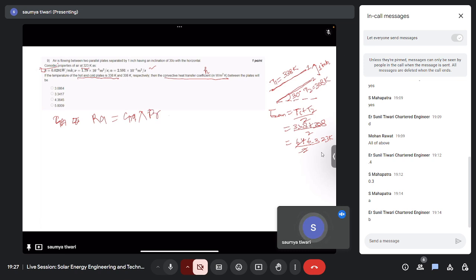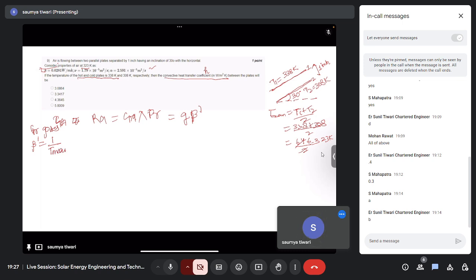The formula is g beta dash, where beta dash is the coefficient of thermal expansion. For gases, and here air is there, this coefficient of thermal expansion beta dash will be 1 by T mean.